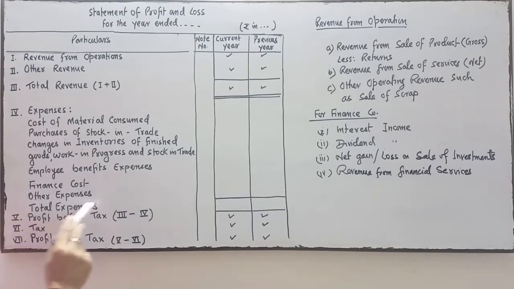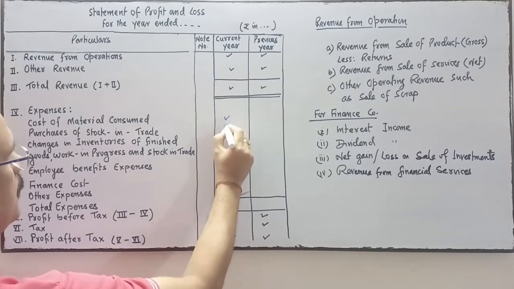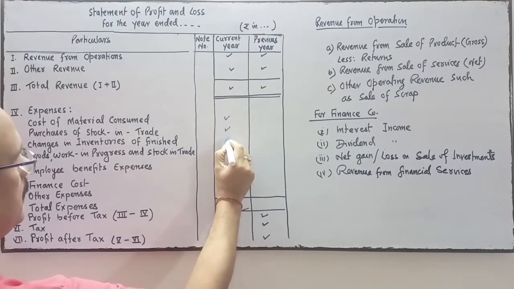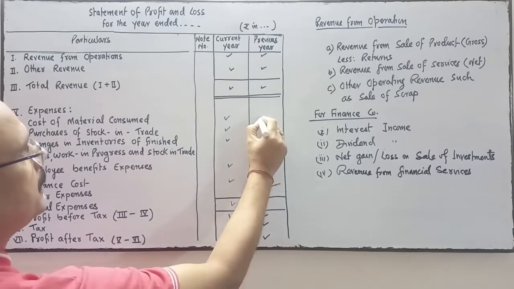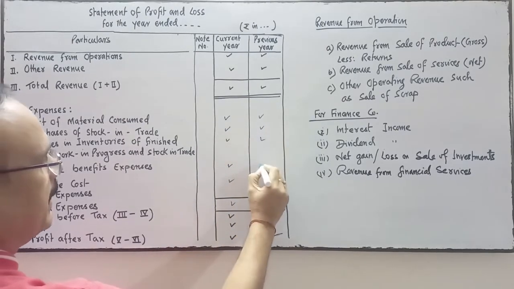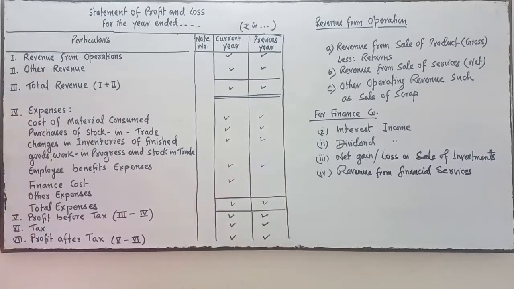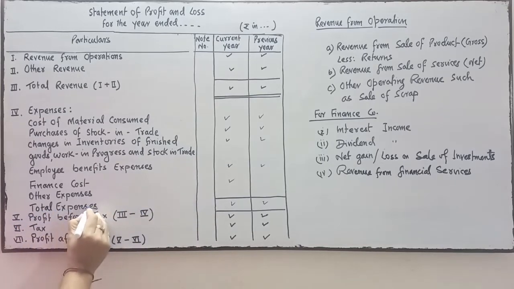Then we do the total expenses, the total of these expenses, both for the previous year and the current reporting period. So this is total expenses.